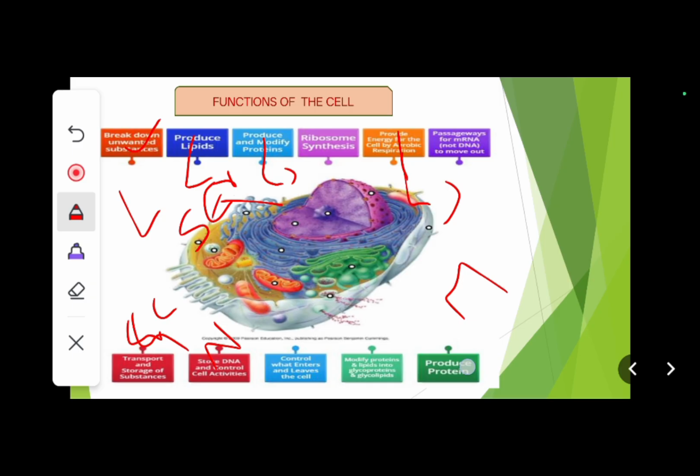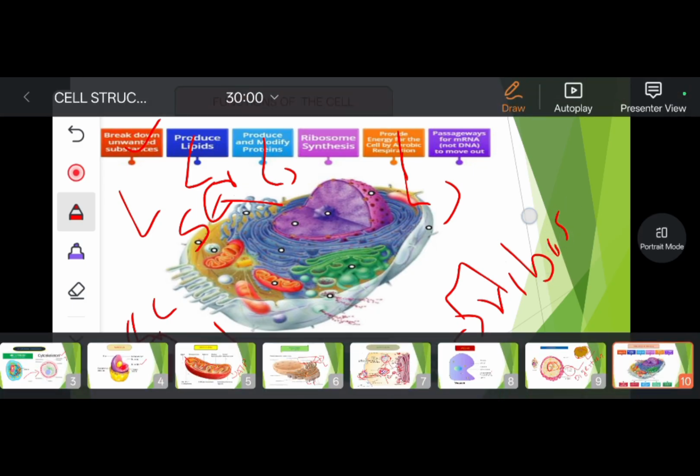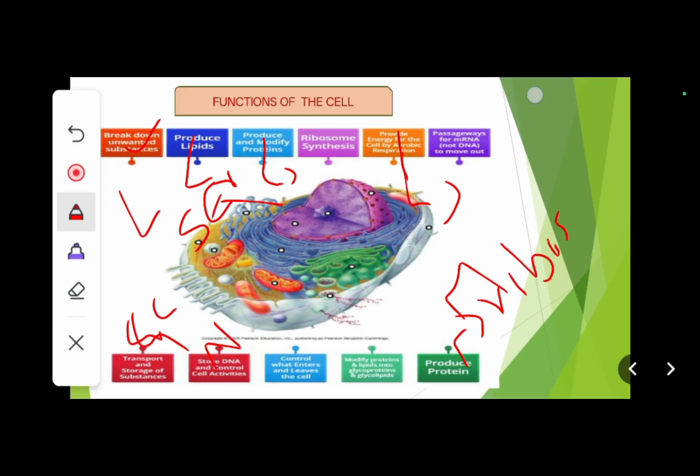And then modifying proteins, lipids, glycoproteins and glycolipids is done with the endoplasmic reticulum. Smooth and rough endoplasmic reticulum produce proteins, majorly done by the ribosomes. These are the major important functions which occur inside the cell.